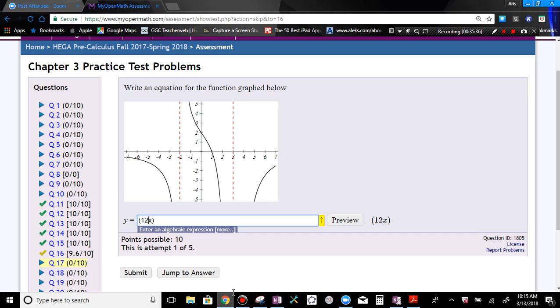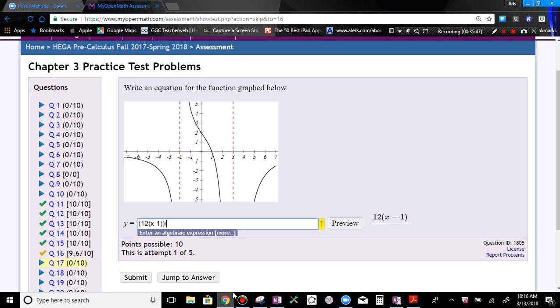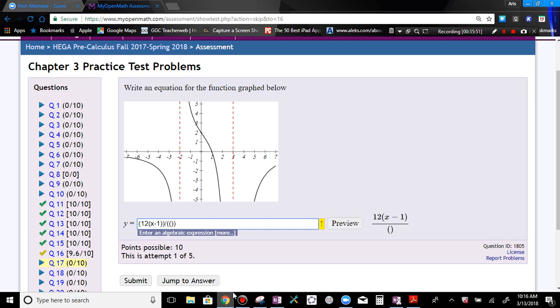12x, x minus 1, divided by x plus 2, x minus 3. So it likes that.